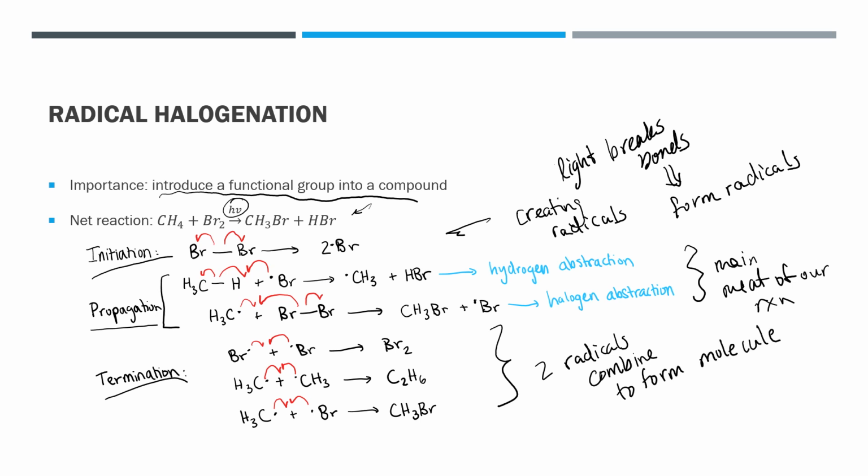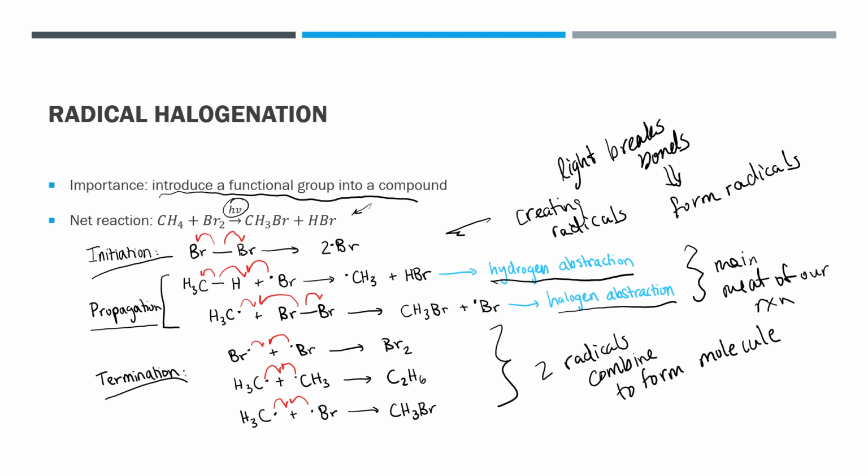Okay. So now let's look at our two main steps, hydrogen abstraction and halogen abstraction. I'm just going to describe what these steps are before we go into the details of the mechanisms. Hydrogen abstraction just means we have a radical that pulls a hydrogen off a molecule, and that creates a new radical, because we need to conserve the number of electrons. If I start with an odd number of electrons, then I have to end with an odd number of electrons.